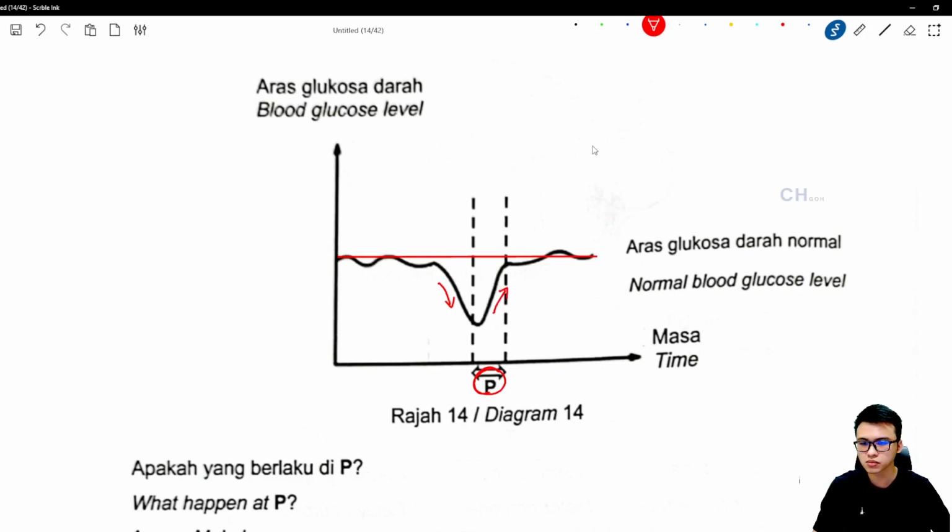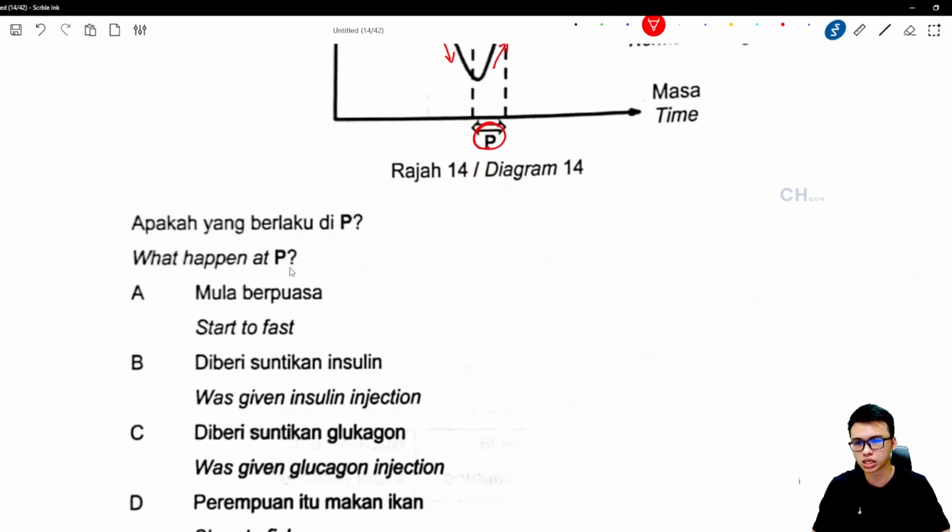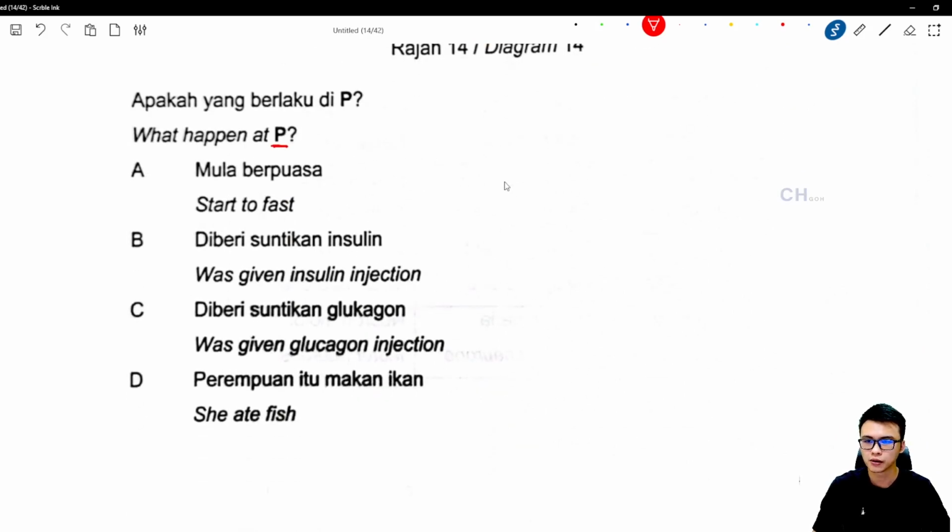Okay. So the question asks what happened at P. So at P, the lady was... A, definitely out. She ate fish, definitely out. But when it comes to B and C, this is the most complicated one. Insulin or glucagon. So for here, I'll just explain what insulin does.